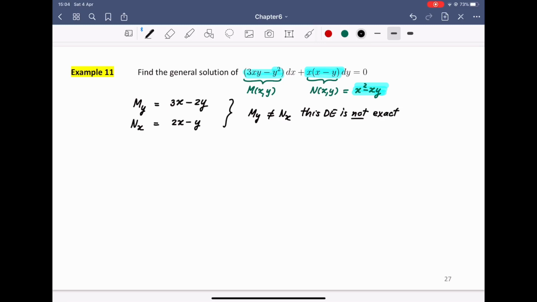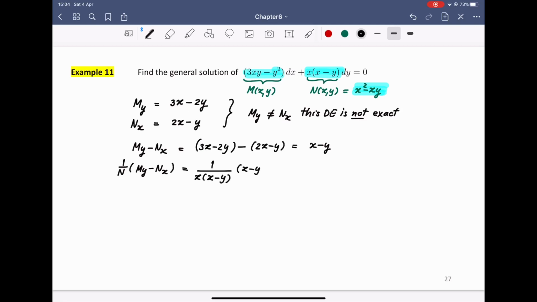However, if you look at M_y minus N_x, what you have is 3x minus 2y minus (2x minus y), equal to x minus y. Well, luckily, if you multiply this quantity by 1 over N, so 1 over N times (M_y minus N_x), this is going to be 1 over x times (x minus y), times (x minus y), right?